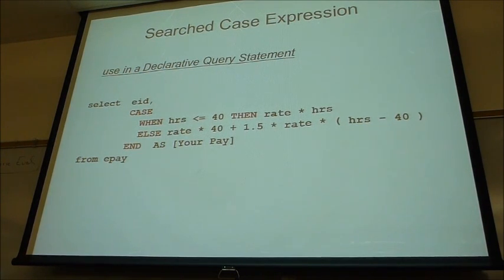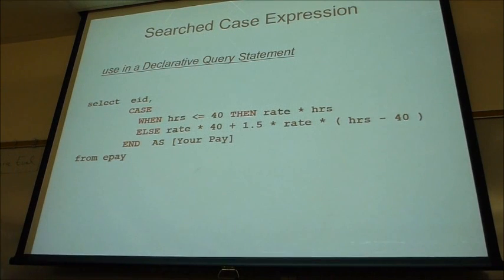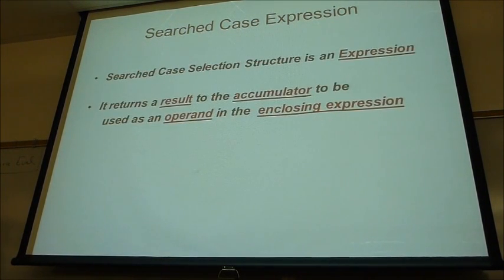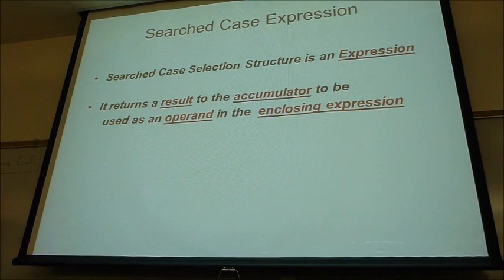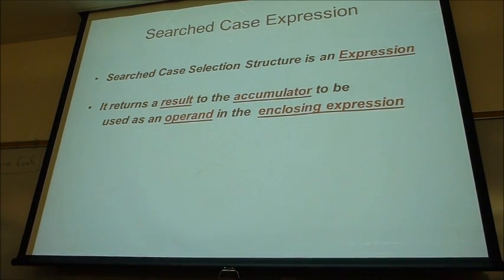All right. So this is really a powerful construct. Any questions? Okay. Again, the search works the same way. I keep emphasizing this notion: return the result to the accumulator, and then that's available to operate in the closing expression.